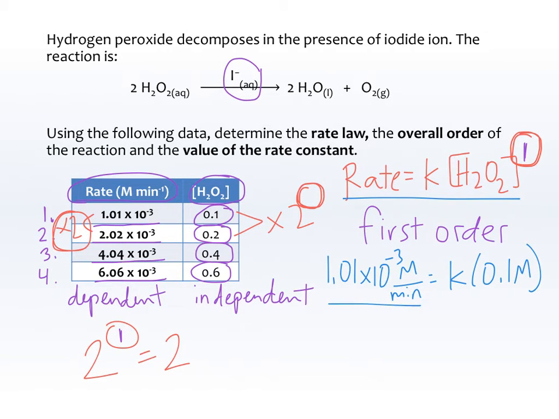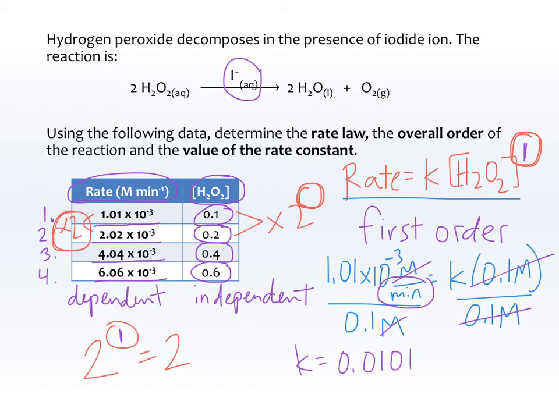So I'm going to divide both sides by 0.1 molarity. And notice that I cancel one of the molarities, and I'm left with per minute. 1.01 times 10 to the negative 3 divided by 0.1 is equal to 0.0101 per minute, or minute to the negative 1.